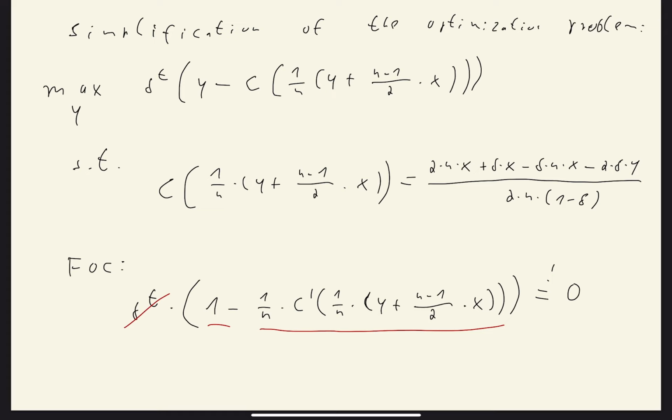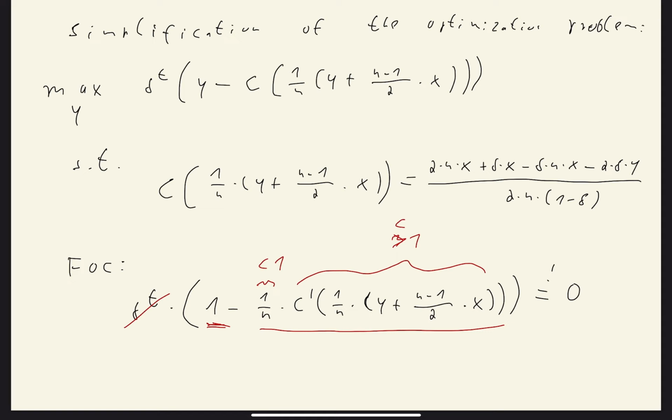And in order for this to be possible, this term here must be strictly larger than 1, because if it couldn't be strictly larger than 1 under some circumstance, then since this other factor is smaller than 1, the right-hand side could never be equal to 1.